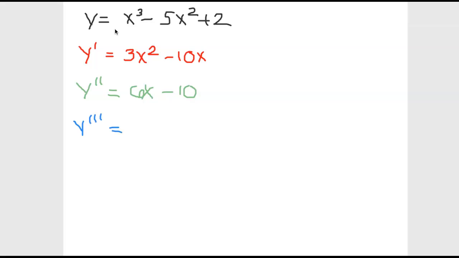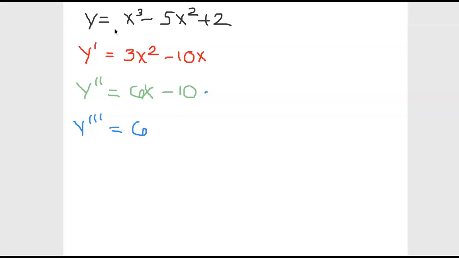The third derivative is the derivative of the second. So the derivative of 6x is 6. Derivative of 10 is 0. And again, that should make sense, right? The derivative represents the slope of the original. So this is linear. We know the derivative of a linear function would be its slope.